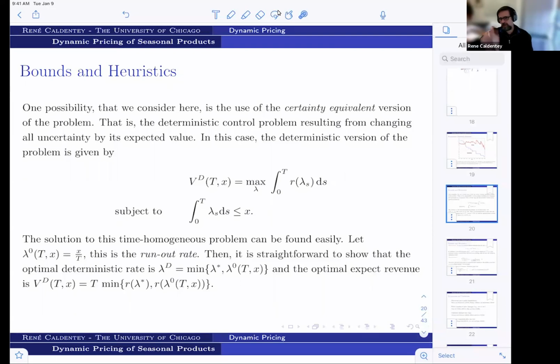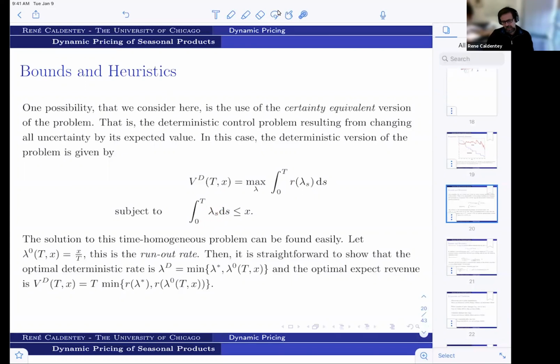Instead of a discrete Poisson process, think about people coming as a fluid, and the revenue that you generate is the same R of lambda that we have here over time, but there's no expectation here. And then instead of having a stochastic integral that describes how inventory gets depleted, we're going to have this fluid version that describes how inventory gets depleted, where the rate at which we're depleting the inventory is precisely lambda s, right?